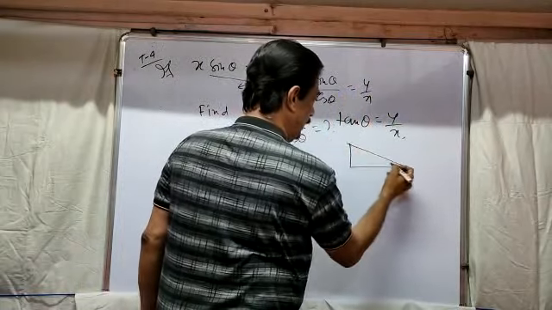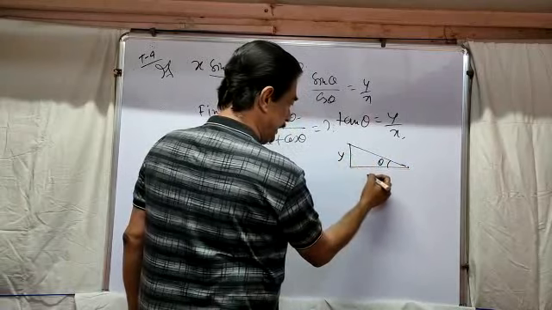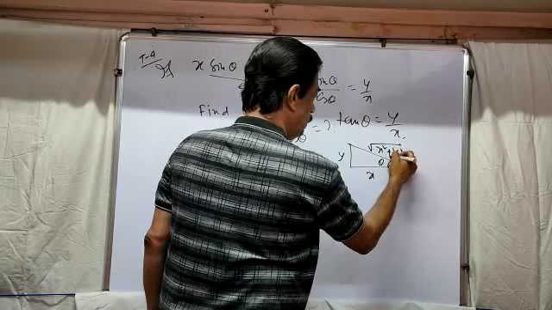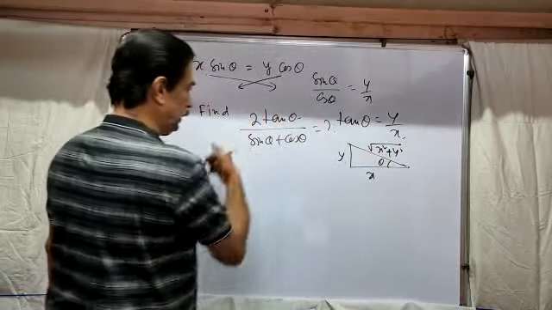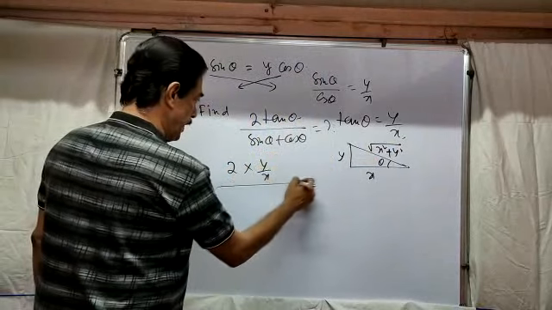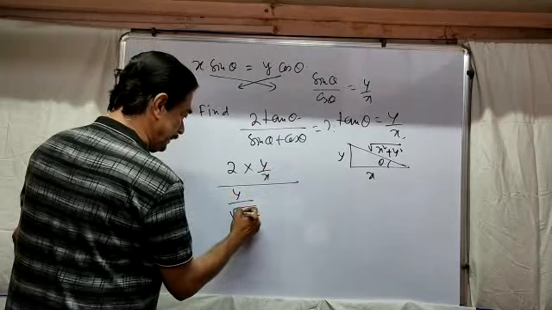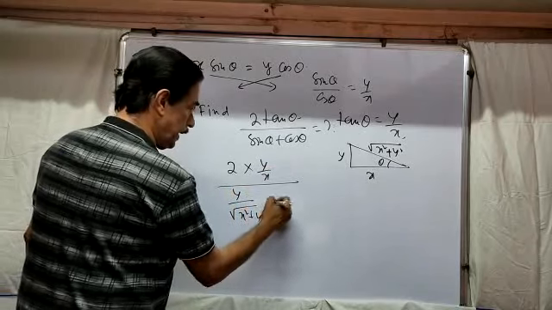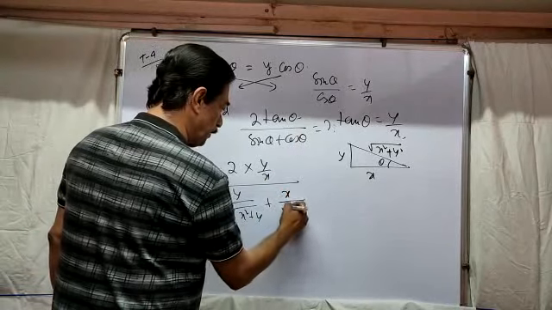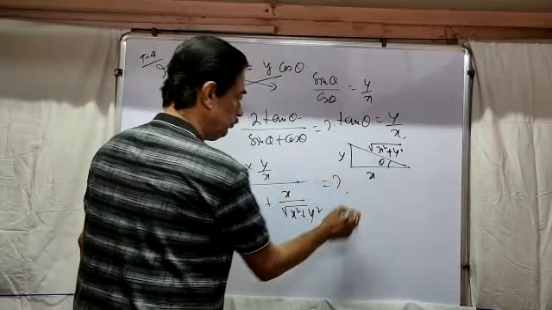If we draw a triangle, this is theta, perpendicular is y, base is x, so hypotenuse is root over of x square plus y square. You know perpendicular, base and hypotenuse, put these values here. So 2 into tan theta means y by x, by sin theta, which is perpendicular by hypotenuse, y by root over of x square plus y square, plus cos theta, base by hypotenuse, x by root over of x square plus y square. Now simplify and you can give the answer.